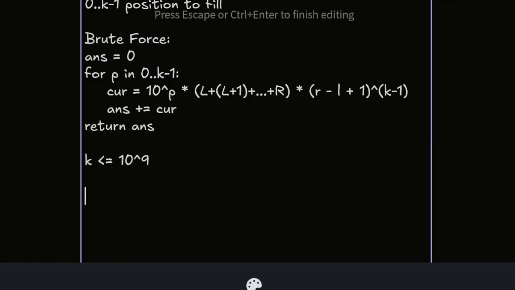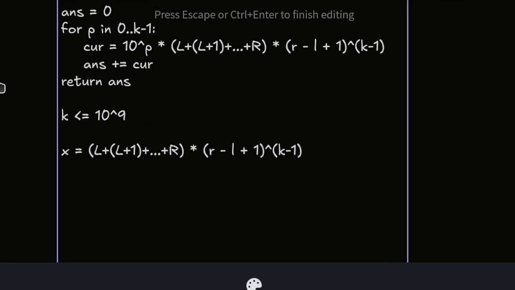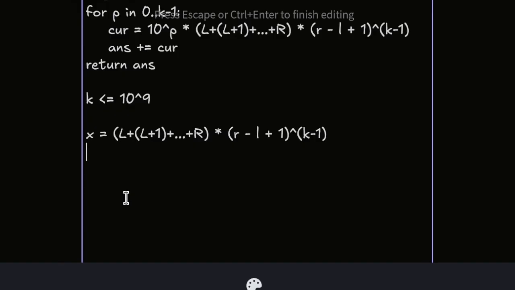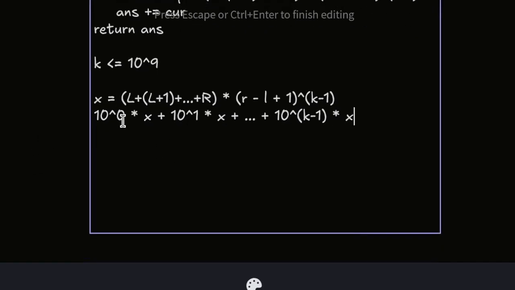So let's assume x equals this one. And what we're going to do here is just 10 to the power of 0 times x plus 10 to the power of 1 times x plus ... plus 10 to the power of k minus 1 times x.